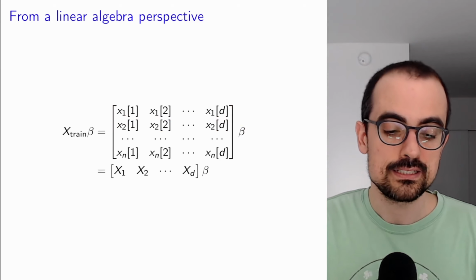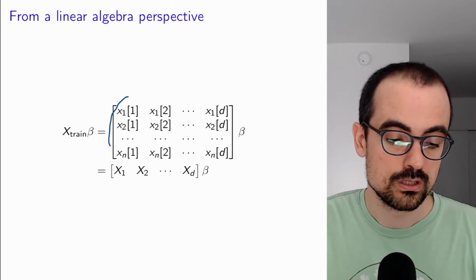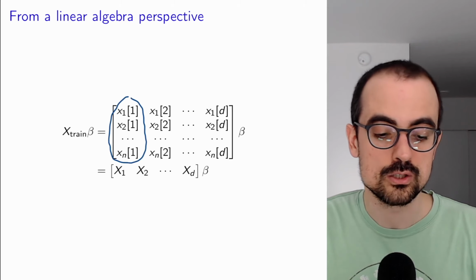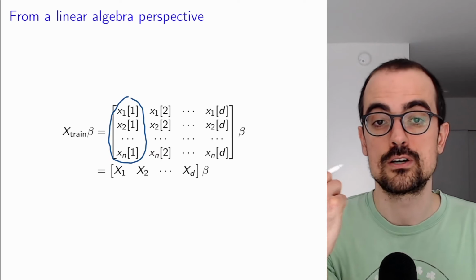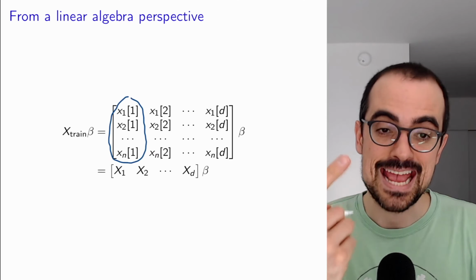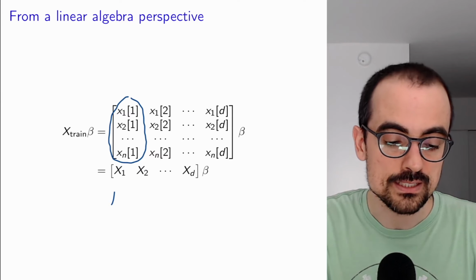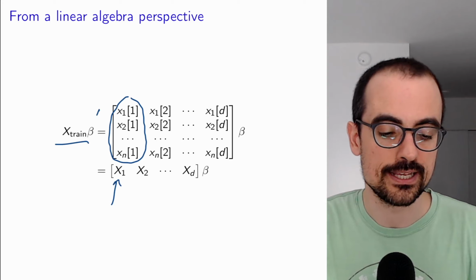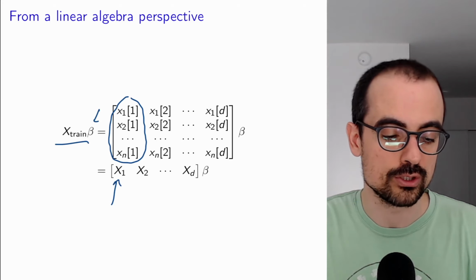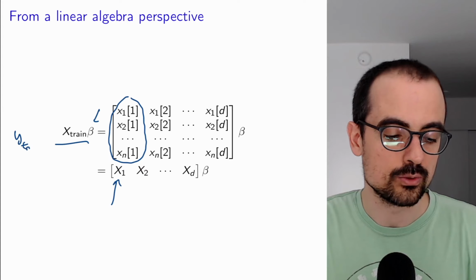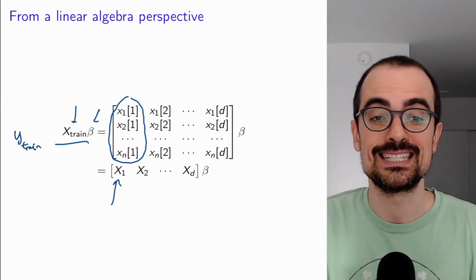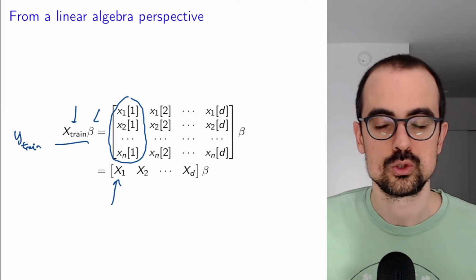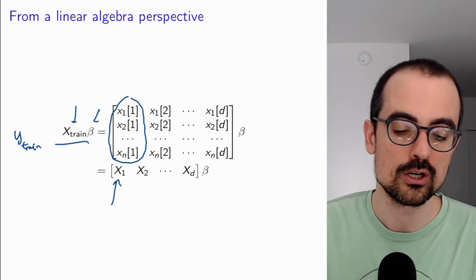We can write this in terms of columns. The first column corresponding to the first feature in the n examples is the first column of this matrix that is hitting the coefficients in order to estimate y train. We call this matrix the design matrix, and I'm going to be referring to it as the design matrix going forward.